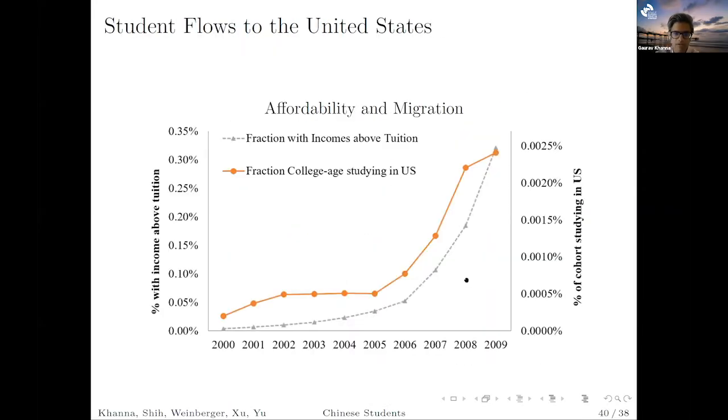We did some other tests. Let me see if I can reshare my screen. Can you see my screen again? This is just a macro exercise that we did, which looks at the fraction of college age students that are studying in the US and the fraction of households that have incomes that can afford a US tuition.